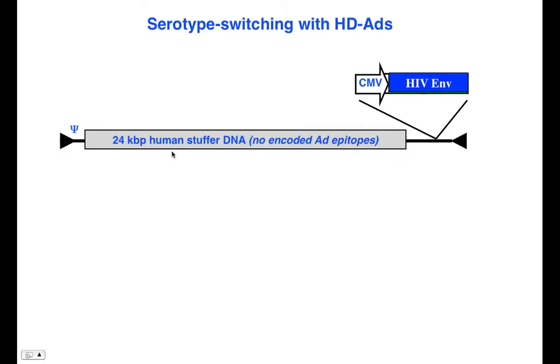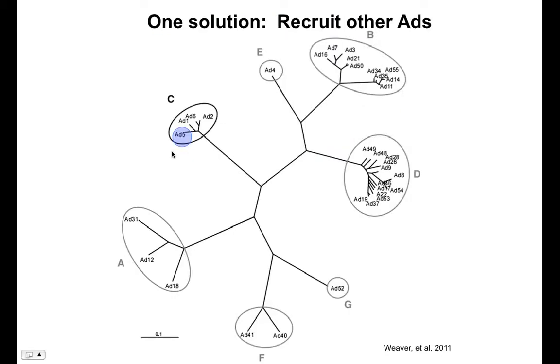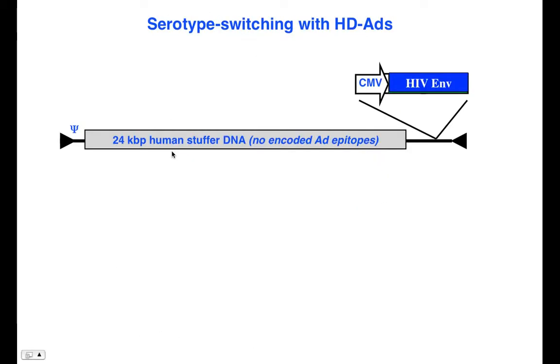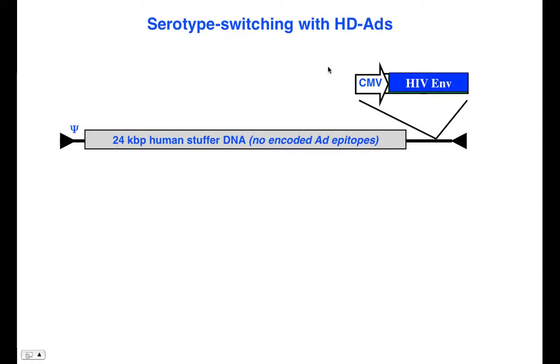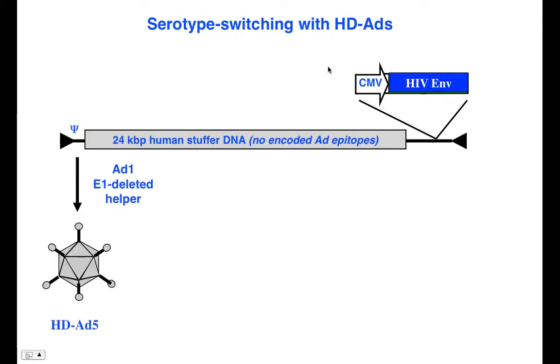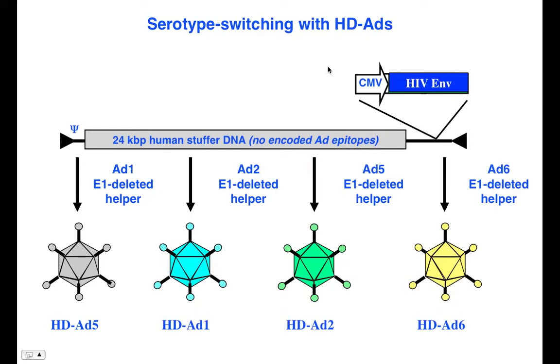Serotype switching with HD adenoviruses. So there's 24 kilobase pairs of human stuffer. After that, there's a CMV promoter with the HIV protein. So AD1 can be E1 deleted helper, AD2 can have the same thing.